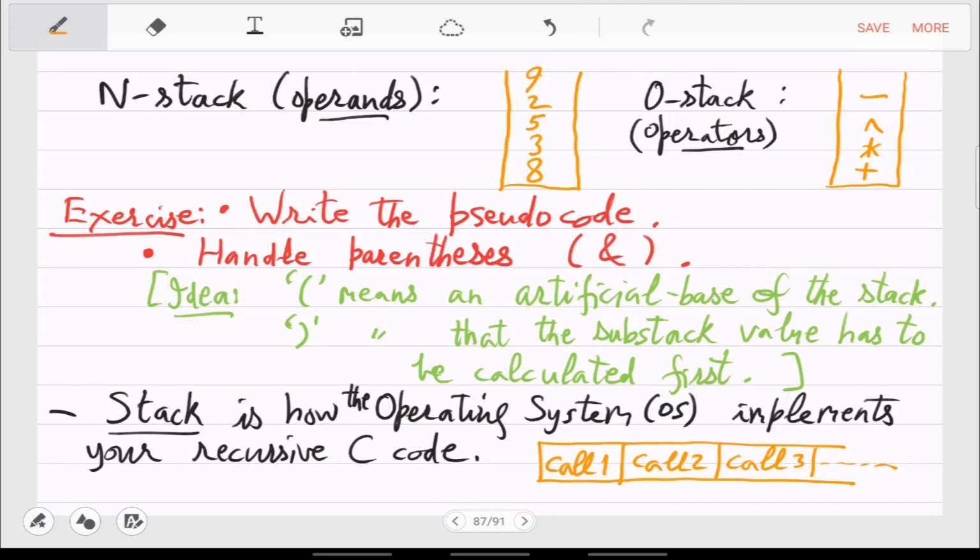So that is where the answer is known. So once that answer is known, let's say call 3 answer is known, the OS will use this to answer call 2, which it will use to answer call 1. Okay, so stack is a perfect data structure. It is made in heaven for recursive programming. Okay, if this was not there, then implementation of the OS would be very slow.